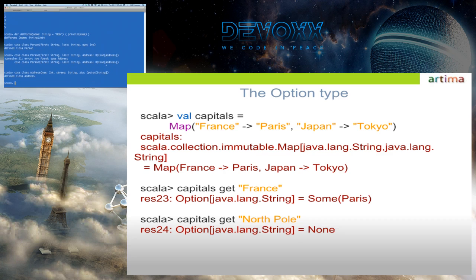Now I can say val p1 equals person. Some is how you create an option of that thing with a value. Some person, Fred Smith, and we will have no address for this guy, so none.